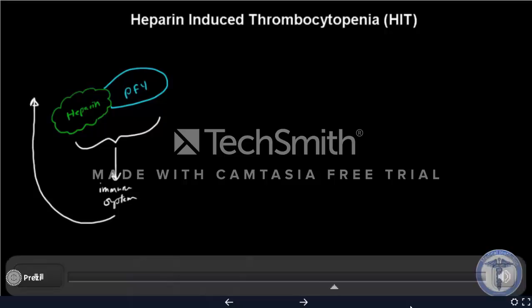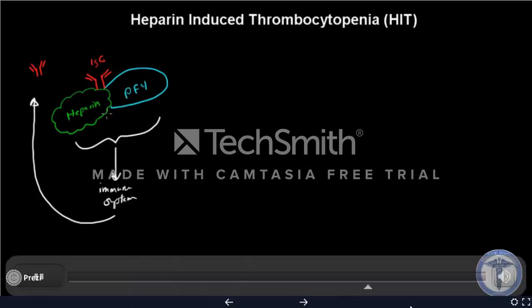These antibodies are usually of the IgG class, which will form a complex with heparin and PF4, which is our platelet factor 4, in the bloodstream. So let's just imagine that this is our IgG binding to heparin and platelet factor 4, forming a complex.